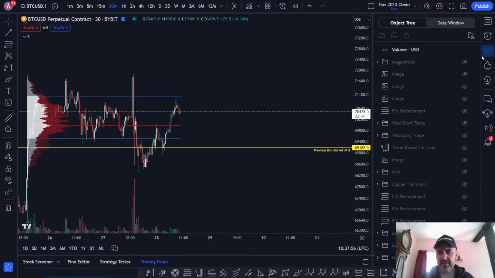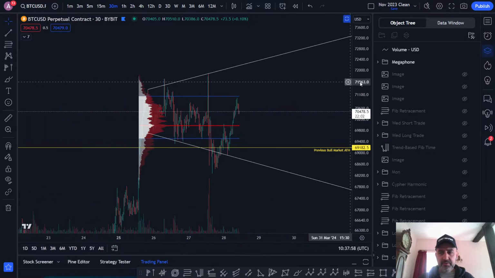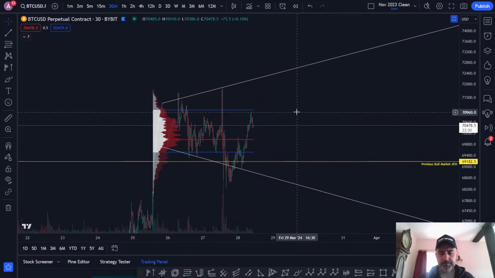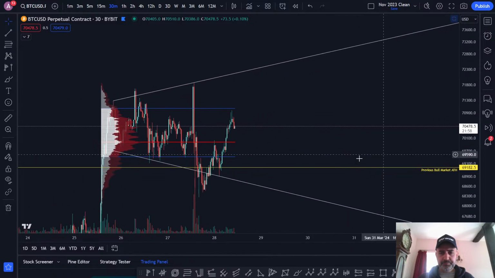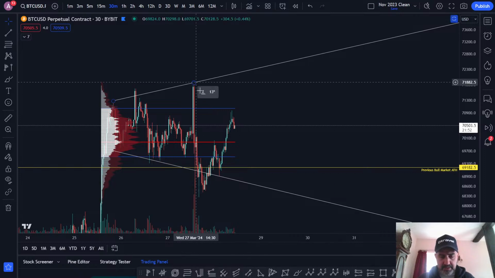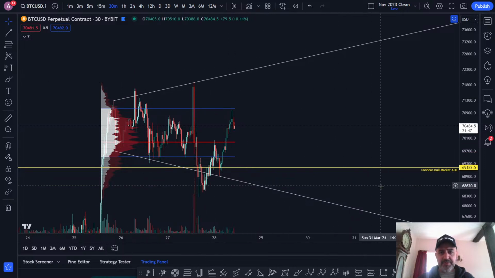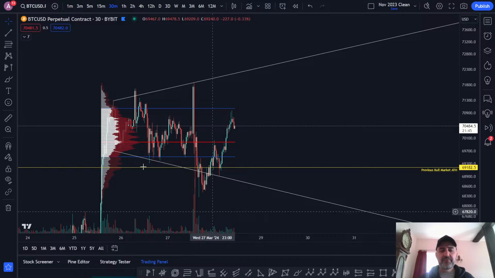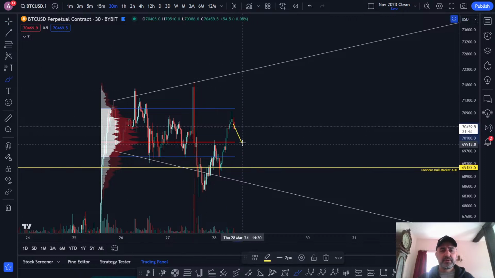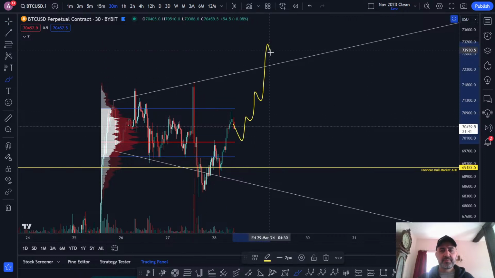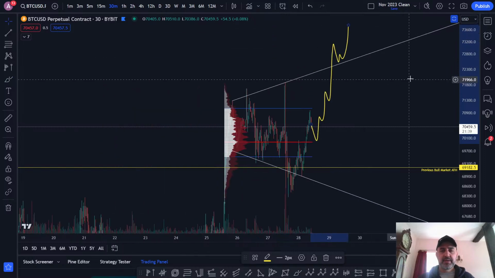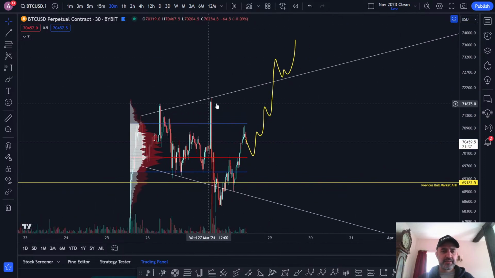So for this megaphone to play out, I'm contemplating a megaphone and a diamond. I think a megaphone is going to be easy to see, because for a megaphone, what you want is the price to just go up there and back test the top of that trend line that's broken.